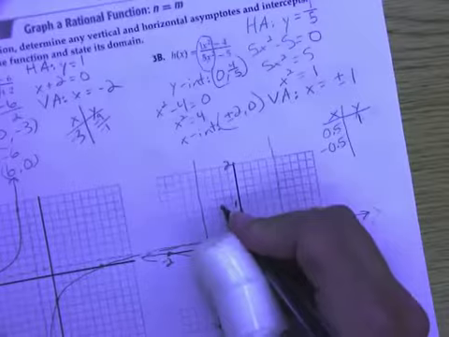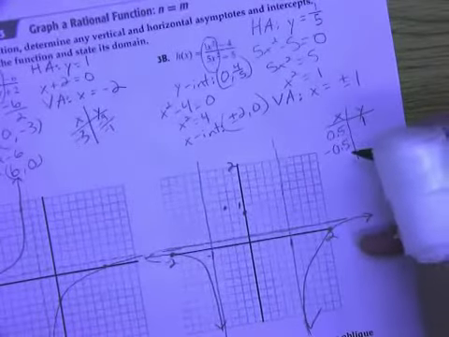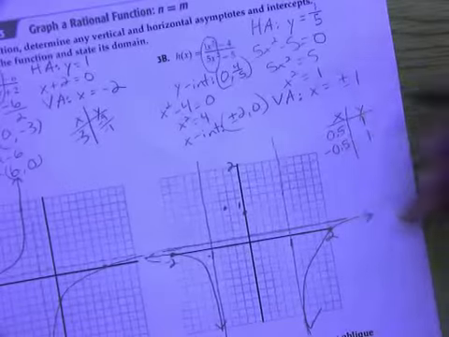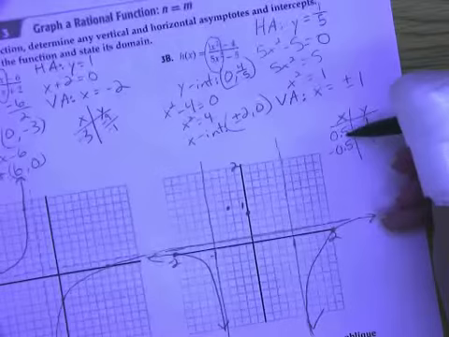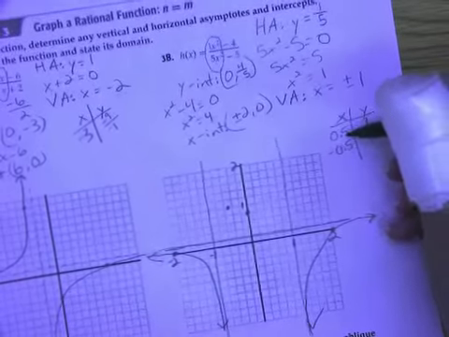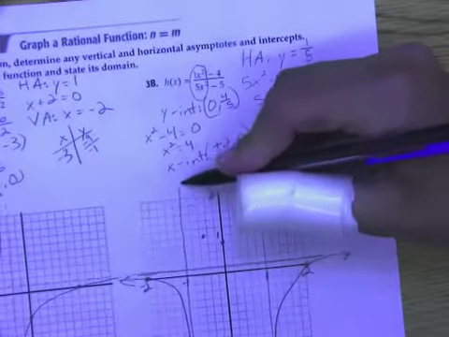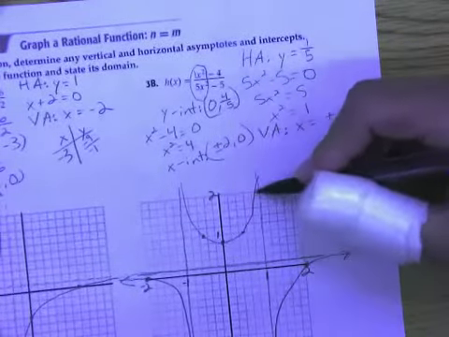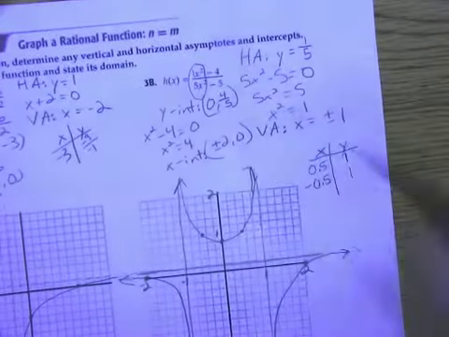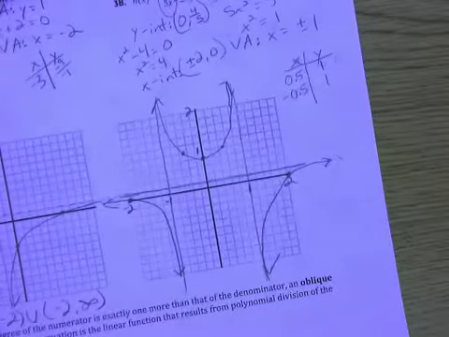So that's about right here. And when I plug in -0.5, I'm also going to get 1, because squaring it yields the same thing as +0.5 being squared. So that's here. Okay, so from there you can kind of see what the graph is doing in between those asymptotes.